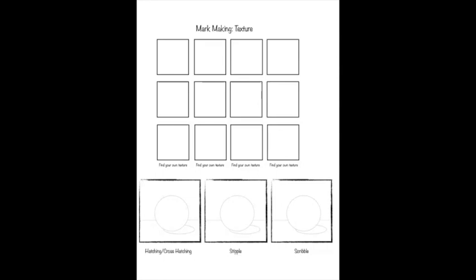Okay, now that you know what texture means and what to look for, we're going to be starting on this worksheet that I made for you. If you don't have a printer, that's okay. You can draw this out. You can do 1 inch by 1 inch for the small squares and go double that, so 2 by 2 on those lower 3 squares.